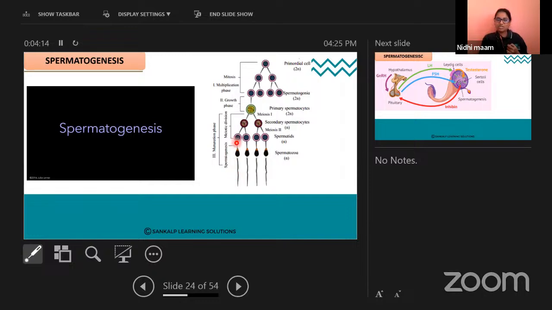What is spermiogenesis? The structural change carried out by spermatids as they become spermatozoa. Meiotic division up to spermiogenesis we call the maturation phase.